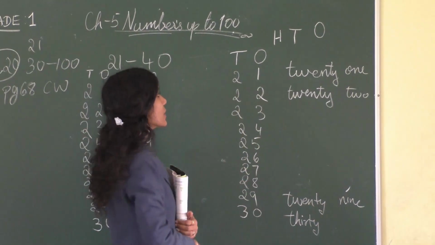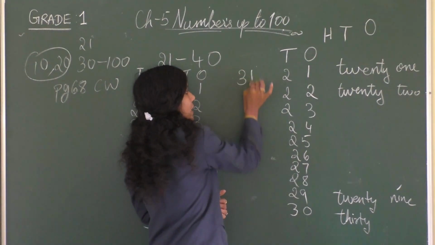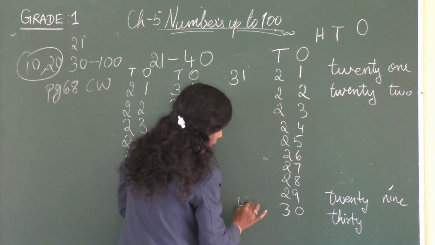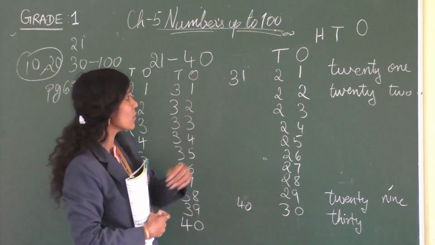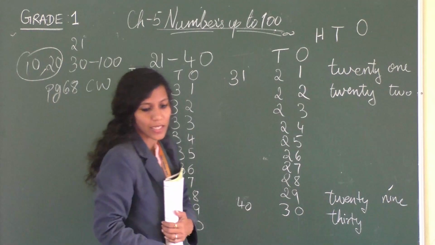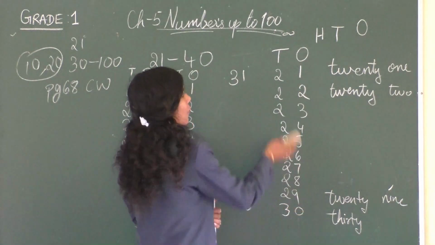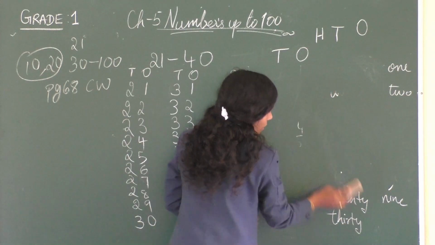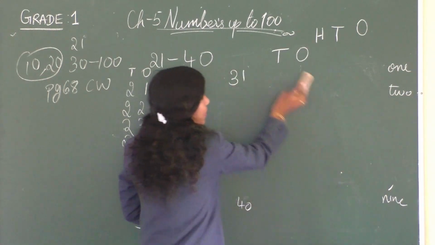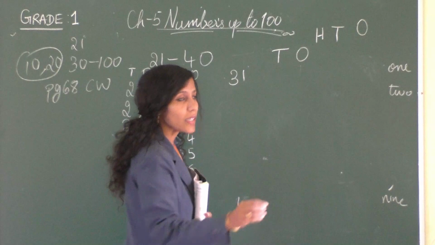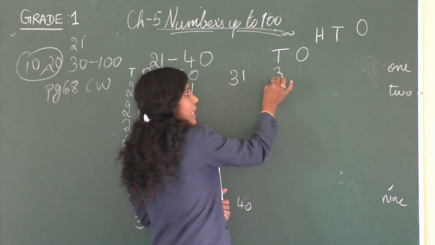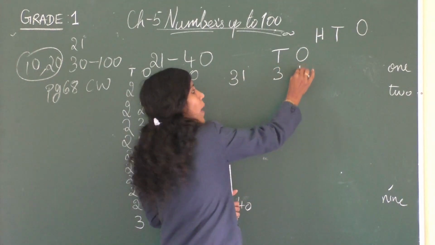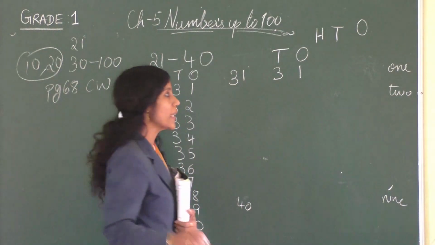Similarly, it goes from 31 to 40. The simple change here is that instead of 20, we write 30, where 3 comes under tens and 1 comes under ones.